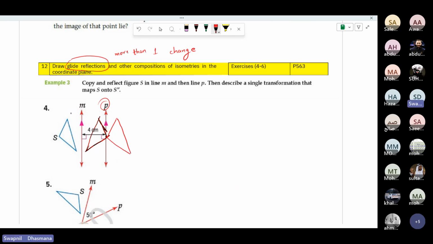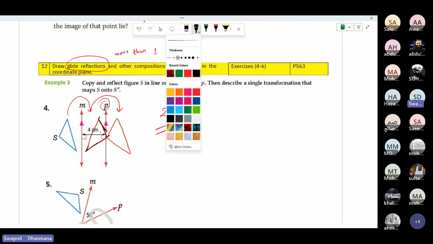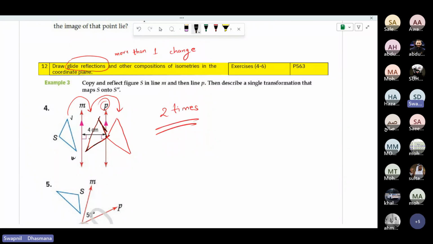So there are two reflections. One is here and one is here. So 2 times. So this will be your SPSQ, let's say SUV.